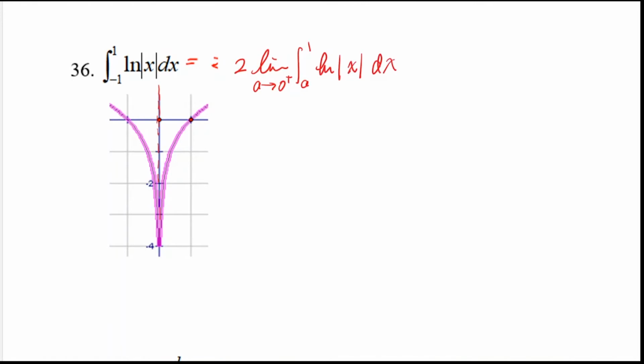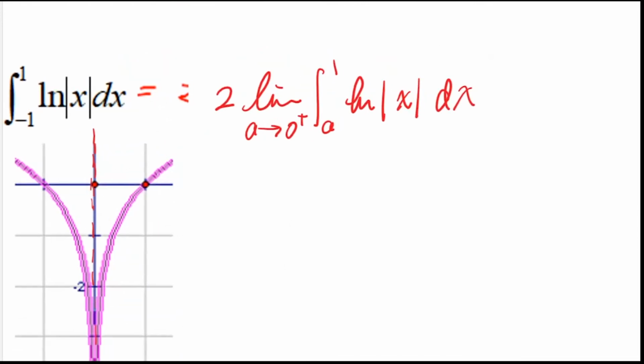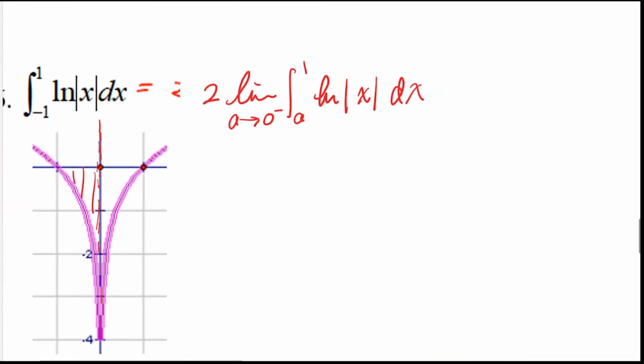And now Reese wanted to do the left-hand side. So this is the side that we want to do. Well, then we have to change that to negative, and change this to -1 and a, like that.